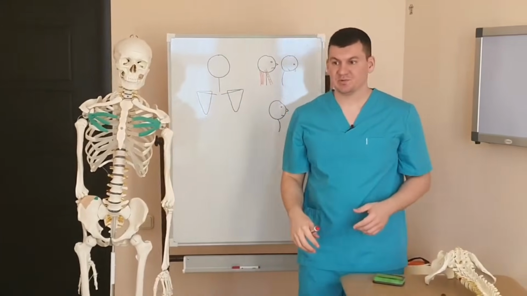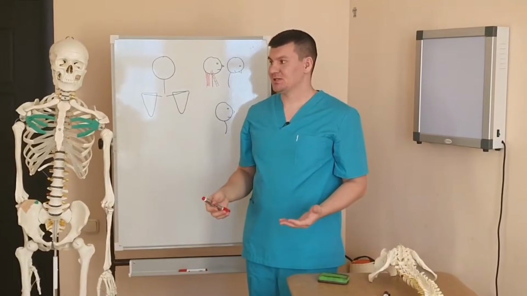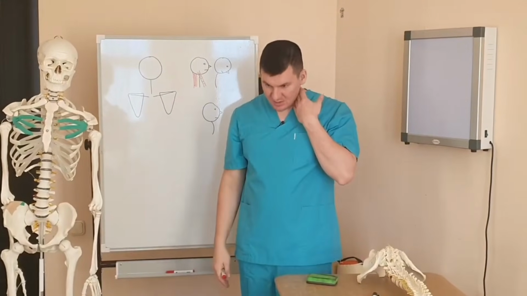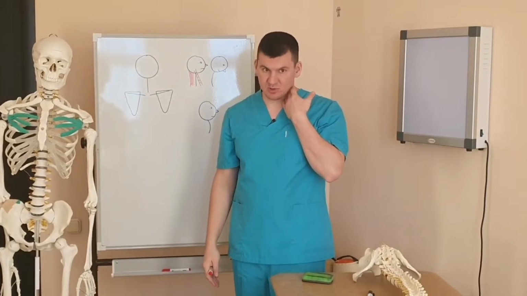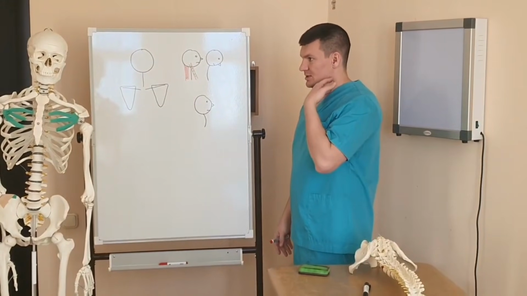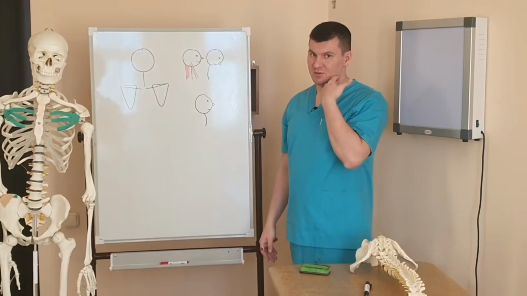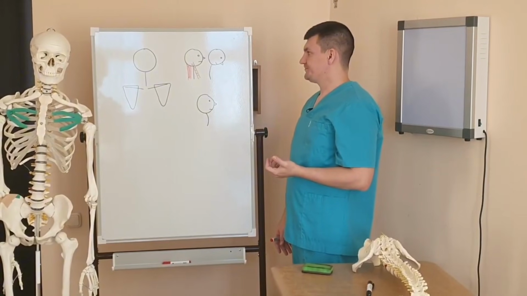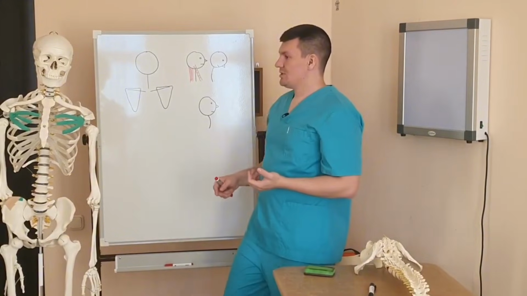It's considered that this muscle participates in bending the head, yes, but it actually doesn't work when bending while standing. For example, if you lie on your back and try to lift your head, then this muscle will tense at that moment. But when standing, it doesn't participate in bending the head.